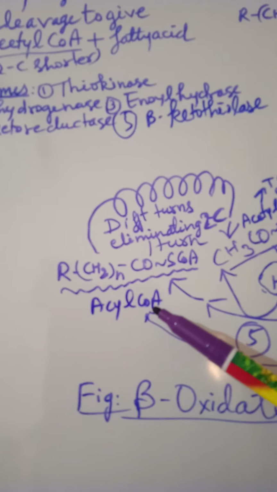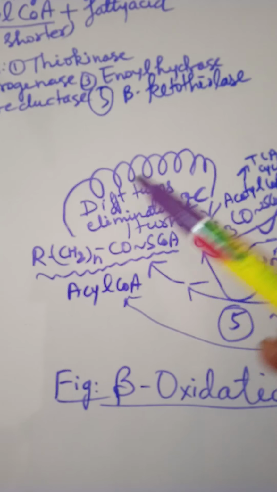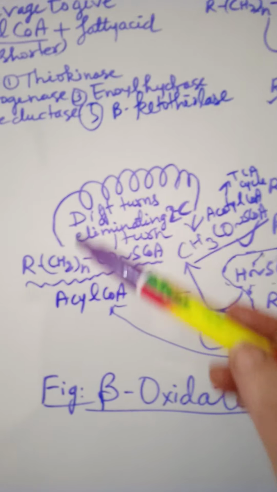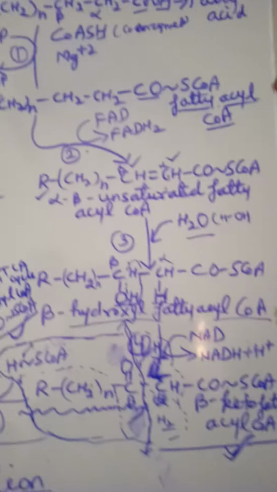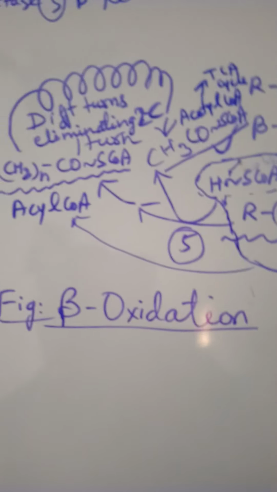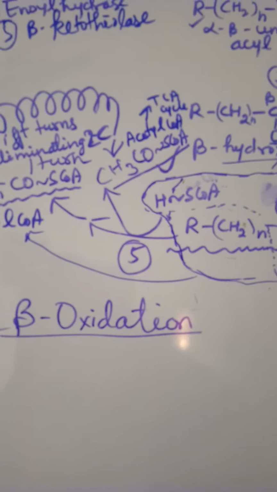Fatty acyl coenzyme A again enters the same cyclic process. You could see the same cyclic process, 1, 2, 3, 4 and 5, as a new spiral.